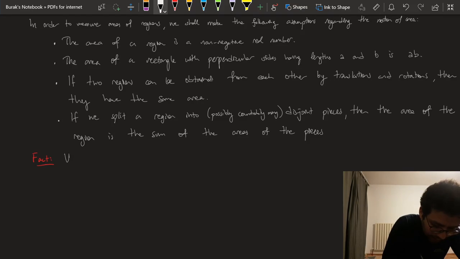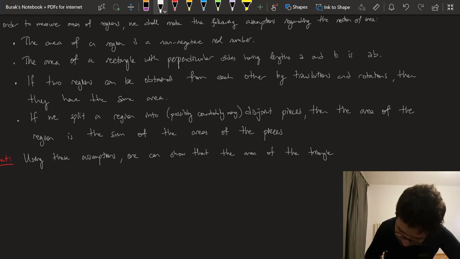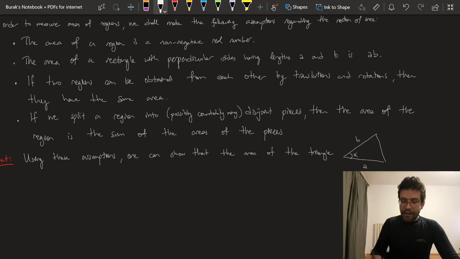So using these assumptions, one can show that the area of the triangle, okay, let's suppose that you have a triangle with side lengths A and B and the angle between these sides is alpha.